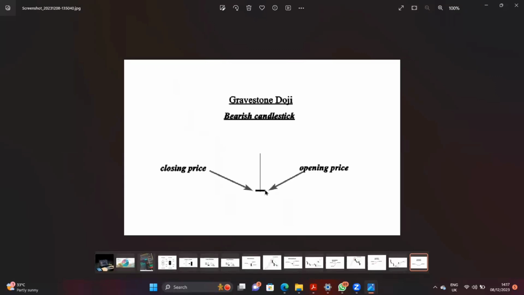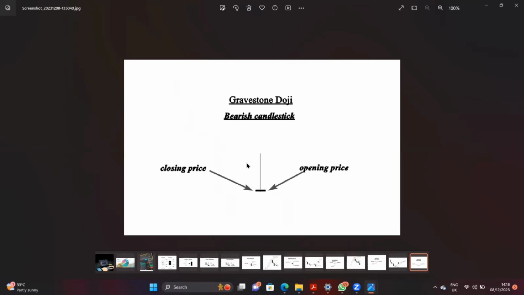The open and close are the same or about the same price. Remember the psychology I gave explaining the gravestone doji; explaining the dragonfly doji is still valid for the gravestone doji, right? It is just the opposite of the dragonfly, right?